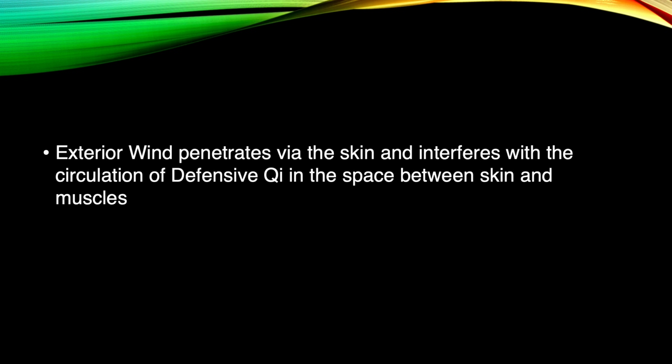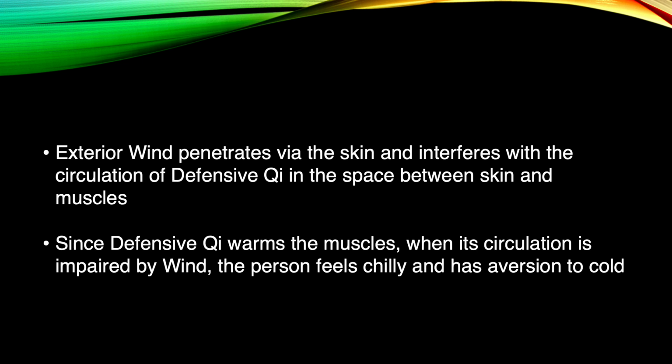Exterior wind penetrates via the skin and interferes with the circulation of defensive Qi in the space between skin and muscles. Since defensive Qi warms the muscles, when its circulation is impaired by wind, the person feels chilly and has aversion to cold.